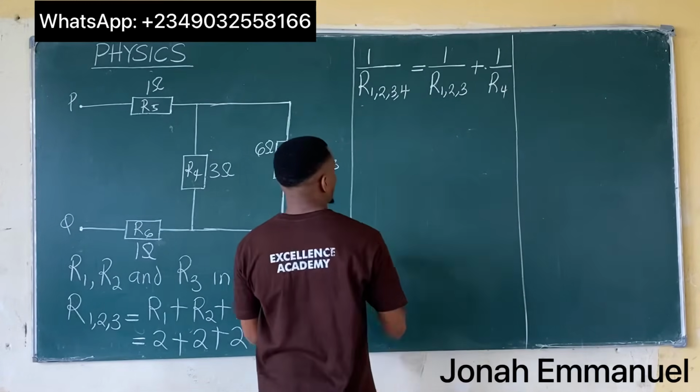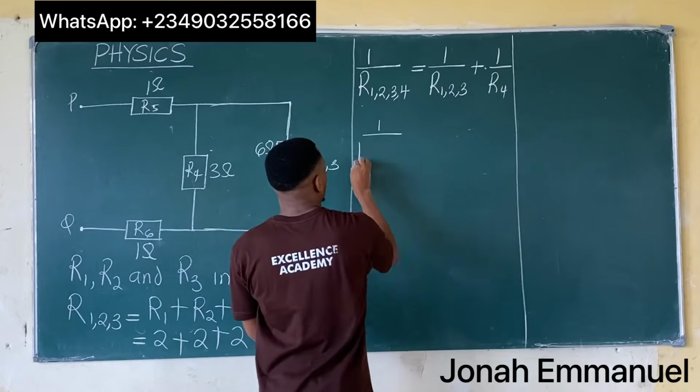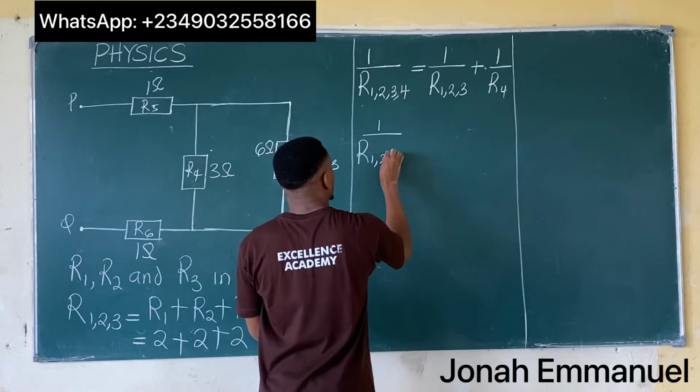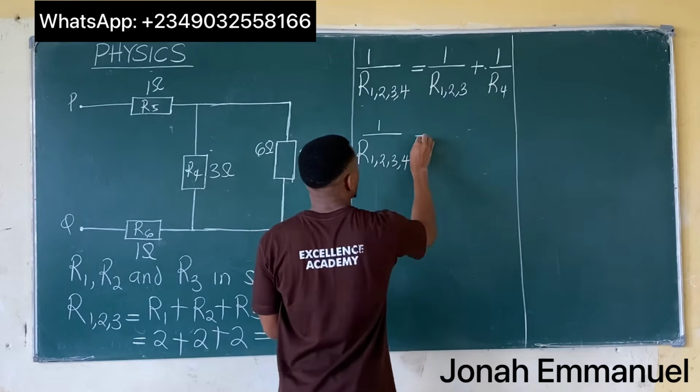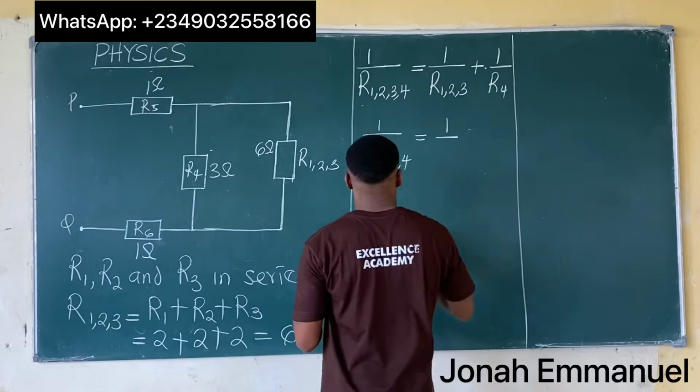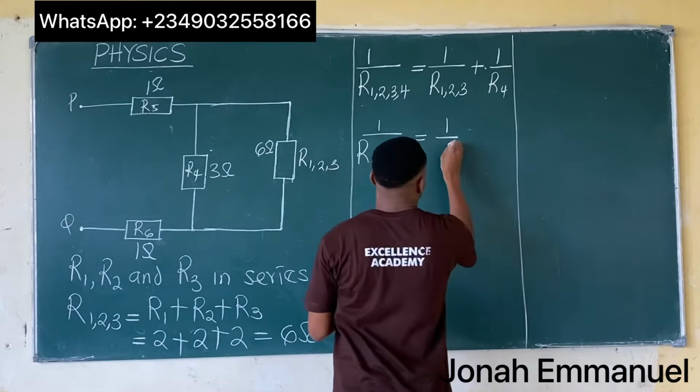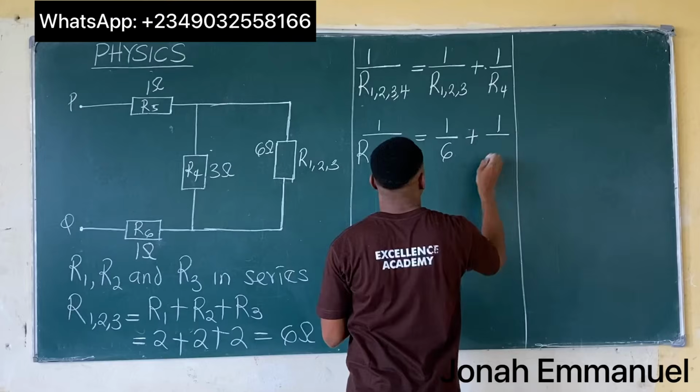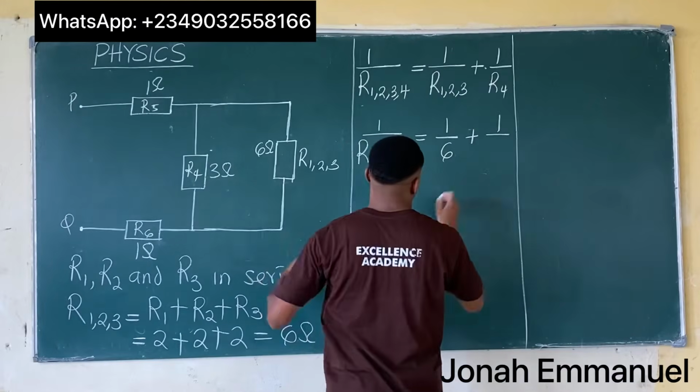So inputting values, the inverse of R1,2,3,4 is equal to 1 over 6 plus 1 over R4, which is 3 ohms.